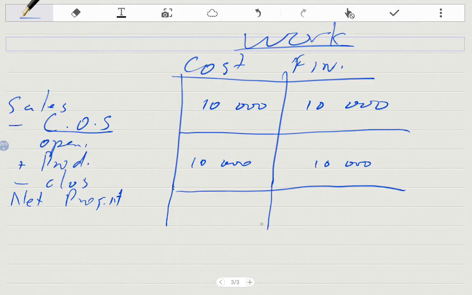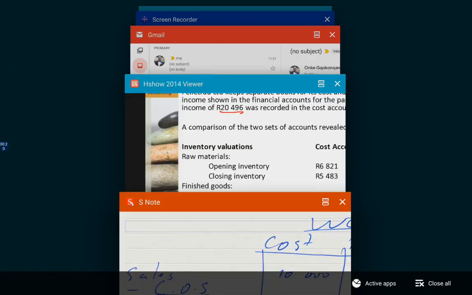I'll suggest that let's assume that in this case, guys, we don't have the opening at all, just to make our calculation as simple as possible. So your closing is going to be 5,483. And this side you've got 5,128. Let me go and check again.